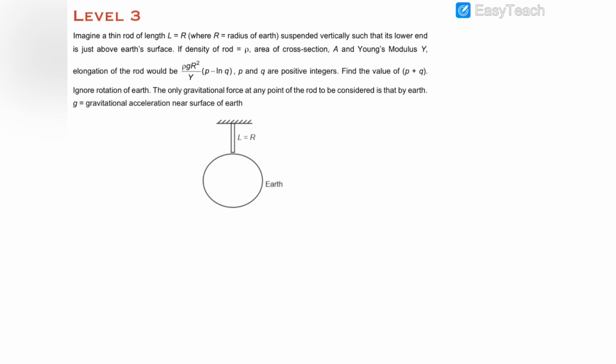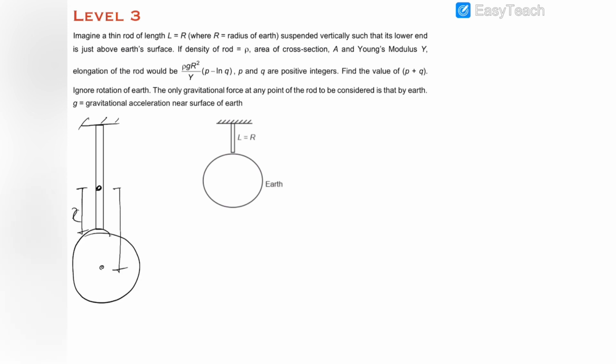Now we can see that if you draw the diagram of the rod separately, let us find out the tension in the rod at some point on the rod, at this point somewhere. So let us assume this distance is x and this is Earth. So from the center of Earth, this distance would be r plus x.